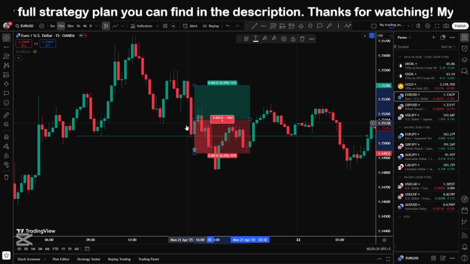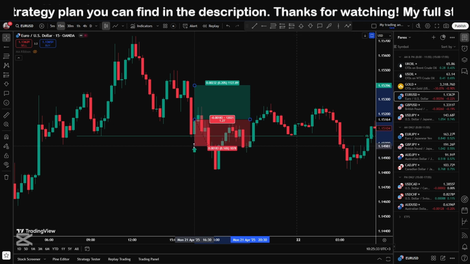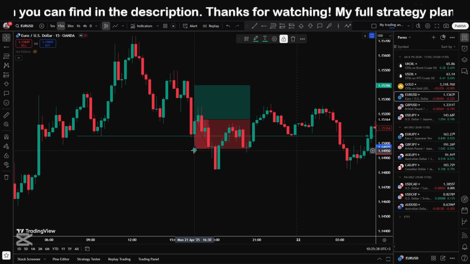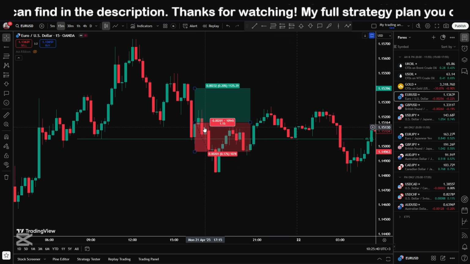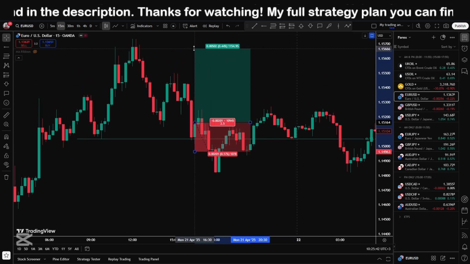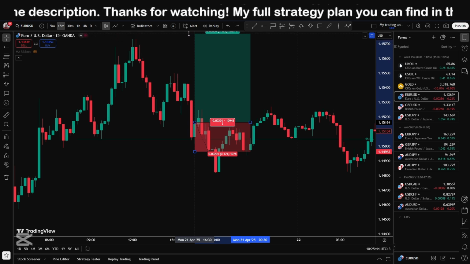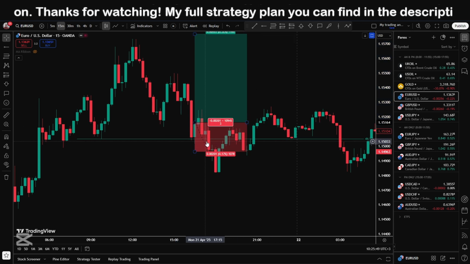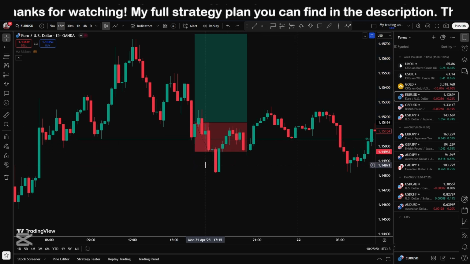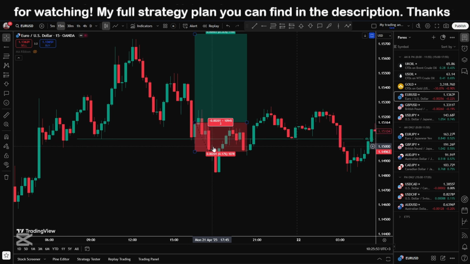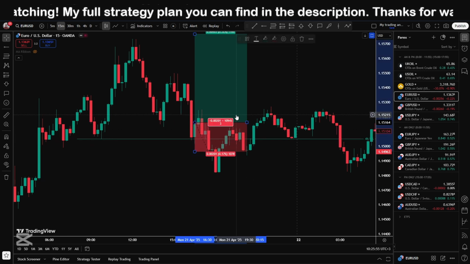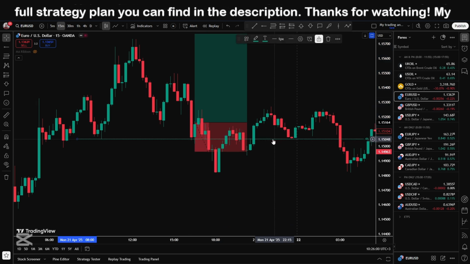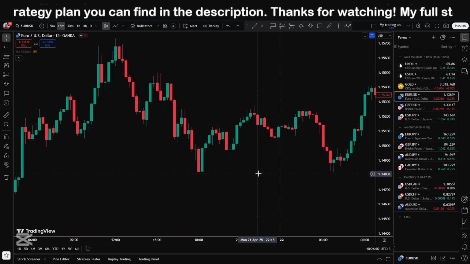Again, a long position. Stop loss of 20 pips. Risk reward ratio 1 to 3. But this one, you can see, is a losing trade. That's all the trades from Monday.